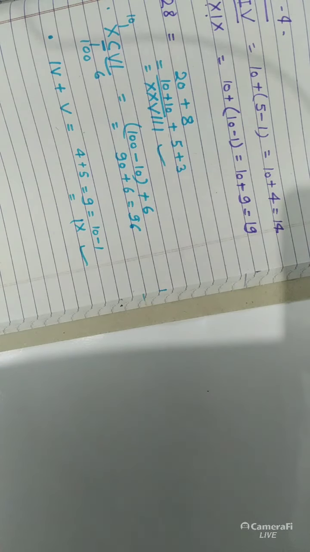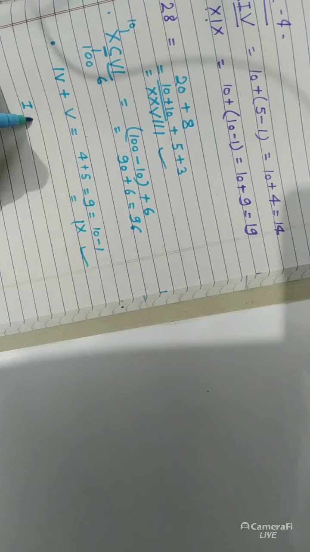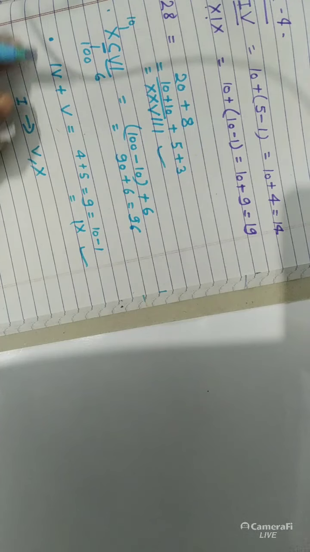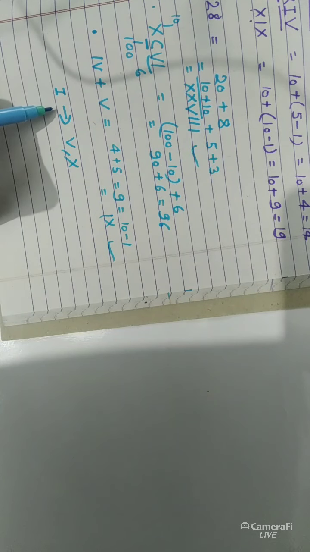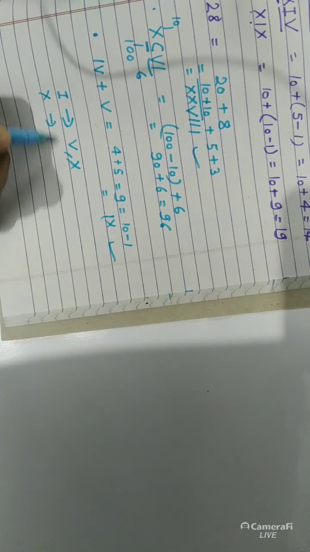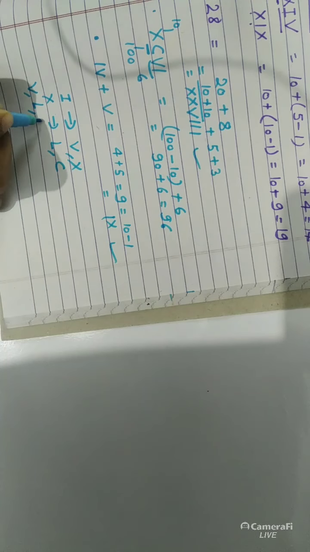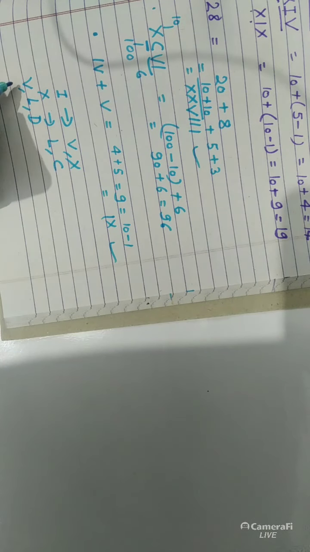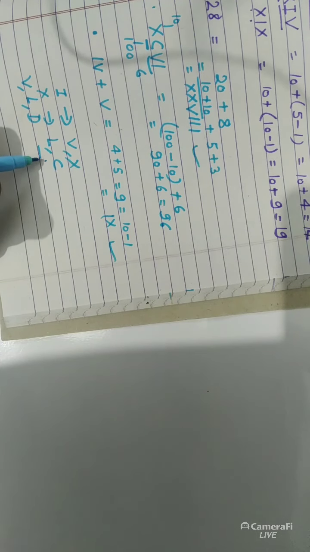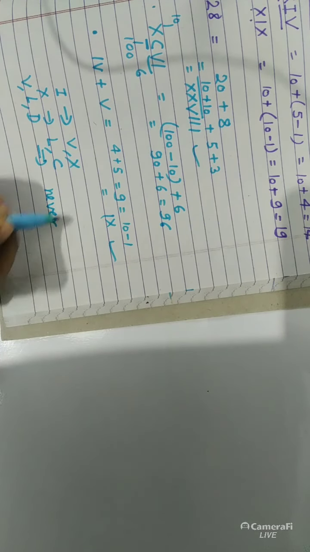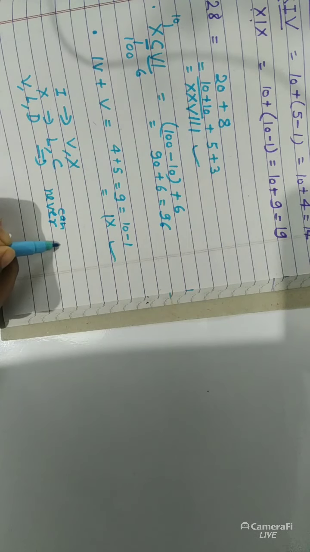Children, there are some other rules: 1 can be subtracted only from V and X, meaning only from 5 and 10. X can be subtracted only from L and C. V, L and D, meaning 5, 50 and 500, can never be subtracted.